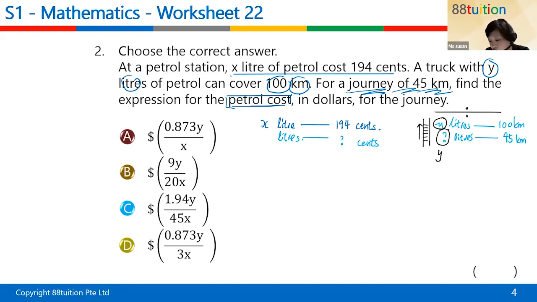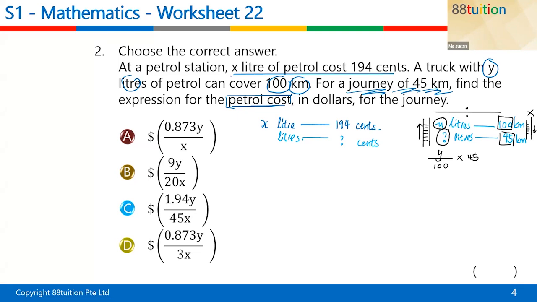Overhead bridge, so divide means over. That's why called overhead bridge. Over what? 100. Then you get down your escalator. When you get down your escalator, what is the number that you see? 45. So you must multiply by 45. So straight away, you don't have to find 1 kilometer. Then after that, you find the 45 kilometer. Straight away, you can find the liters using overhead bridge.